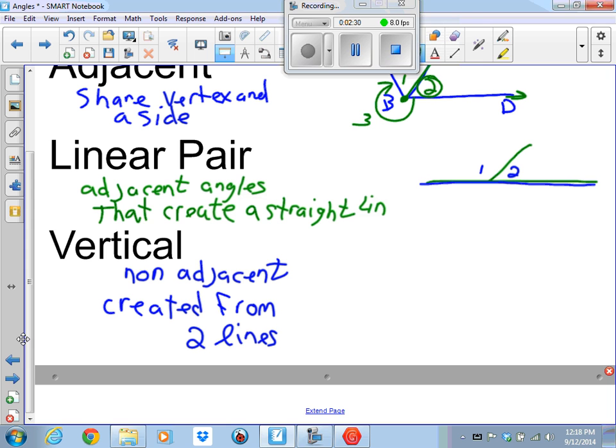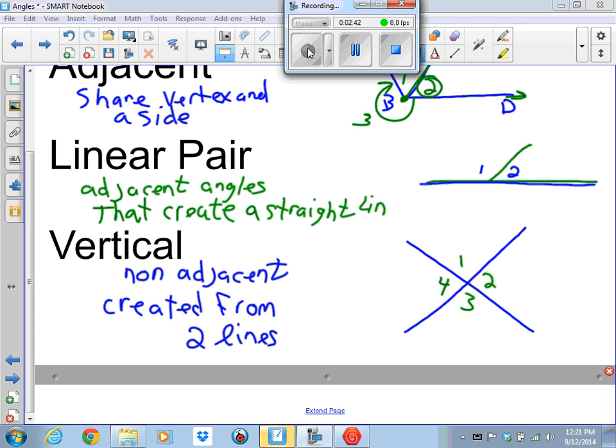Notice how this gives me 4 angles here, and they're non-adjacent. So we could say 1 and 3 are vertical, and then 2 and 4 are vertical. Vertical angles are going to be congruent, and we'll talk about that later.